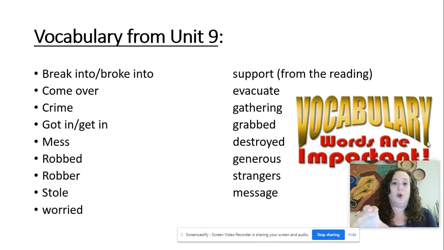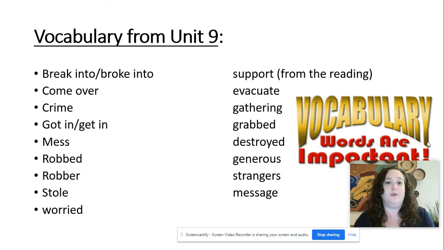Grabbed. Okay, I grabbed my coffee cup. Okay, next word, destroyed. Past tense, right?